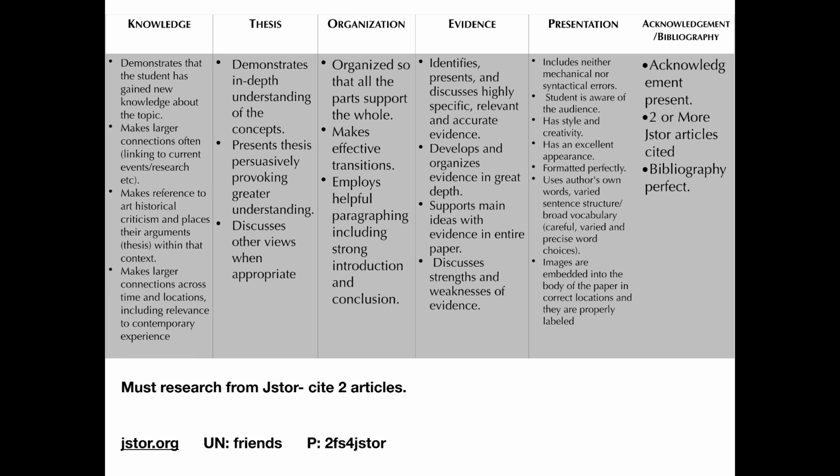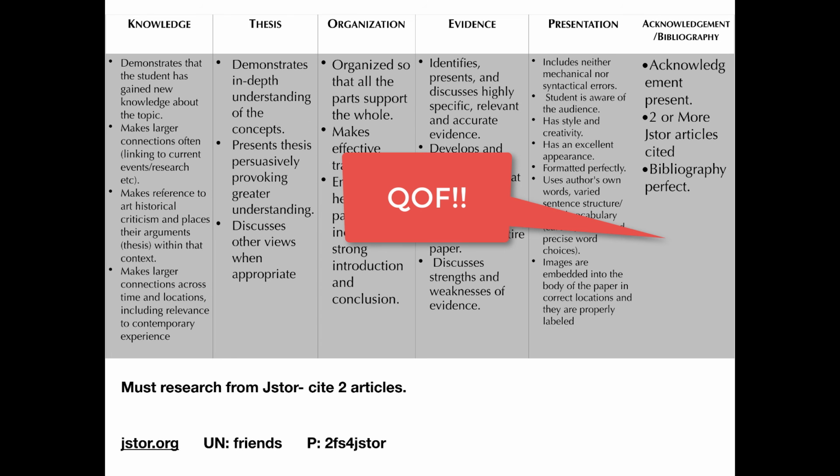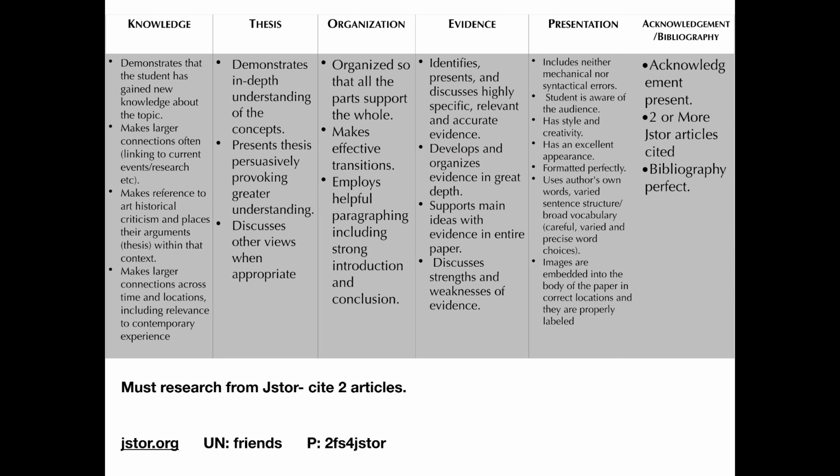So you have your acknowledgement, your bibliography, and I should also add, and I'll make it come up in color right here on this video, quality of failure. I strongly suggest you do your quality of failure reflection right in your paper as well, and then just copy that into week 4's quality of failure, so this way it's already done for you.